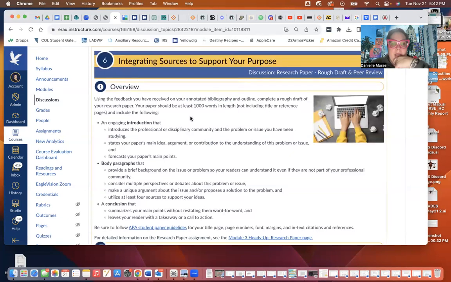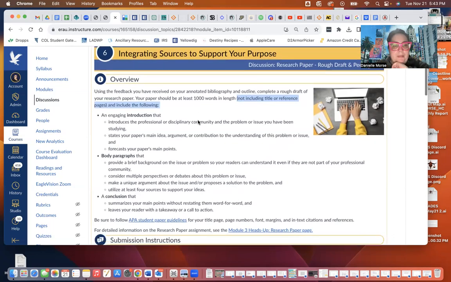So you'll be writing a rough draft, should be at least 1,000 words. Remember, this doesn't include those paratextual elements like the title, reference page, the cover page, etc.